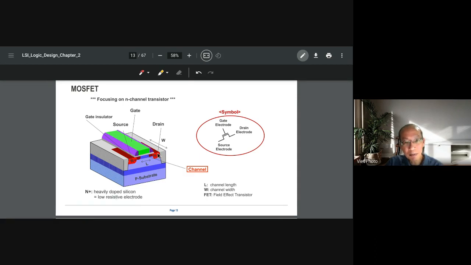The electrodes up here, when they finish up here, you have two things, right? You need the electrode to connect to this region, so that electrode will be low resistivity. But this region by itself is not as low resistive because it is still silicon with impurity, still a semiconductor region.